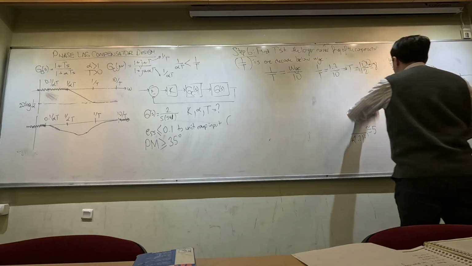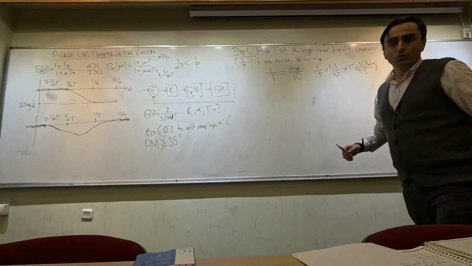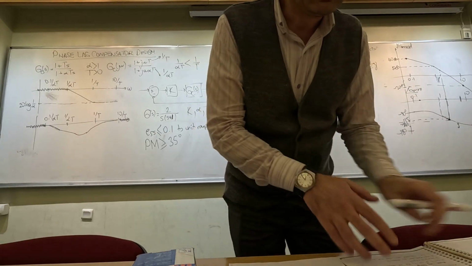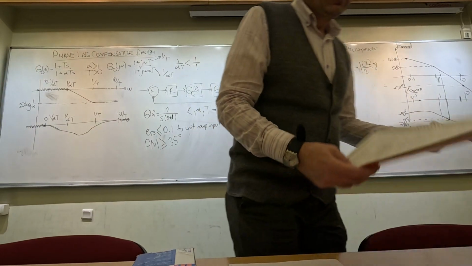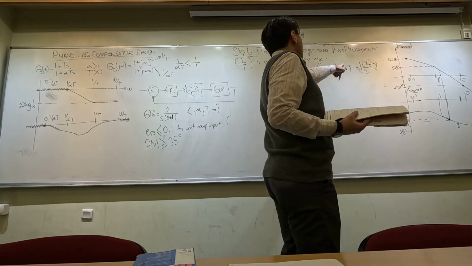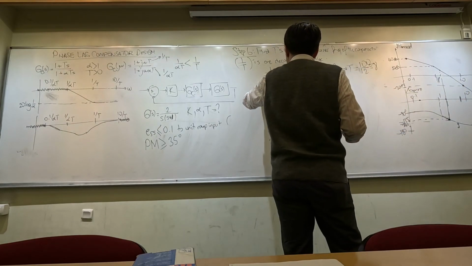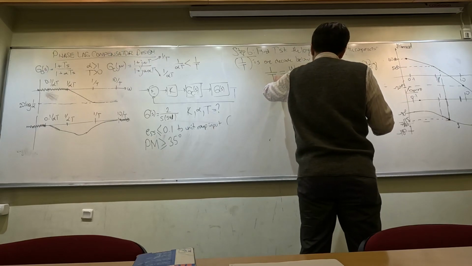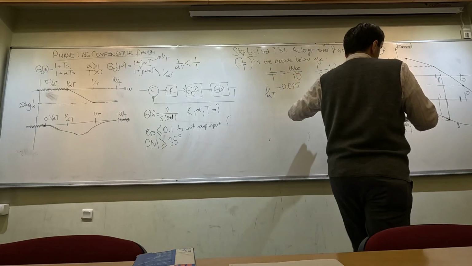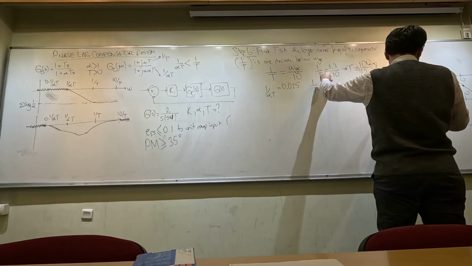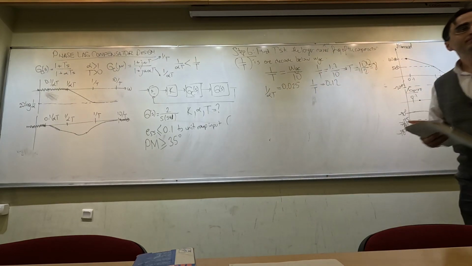But here I can try to show you what we did at the end. Using this alpha value that we calculated and this T value, if you calculate 1 over alpha T, you get 0.025. And if you calculate 1 over T, it is 0.12.